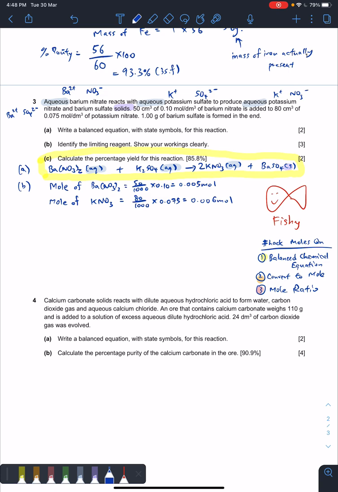So you have to prove it. So how do you prove it? You can use either number. So I'm just going to choose one of the numbers. So 0.005 mole of barium nitrate requires the same mole of K2SO4 for complete reaction.